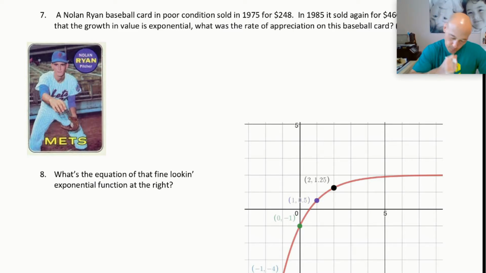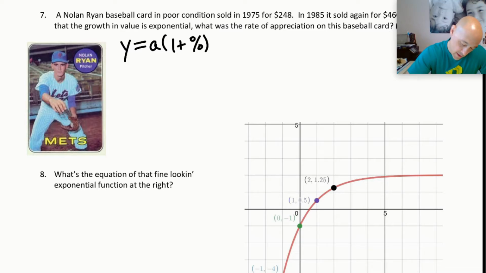All right, so thinking about the general form of these kinds of problems, we have y is equal to a times 1 plus the percent raised to the x power. So x is the number of years, y is the amount that it's worth after some amount of time, a is the initial value.